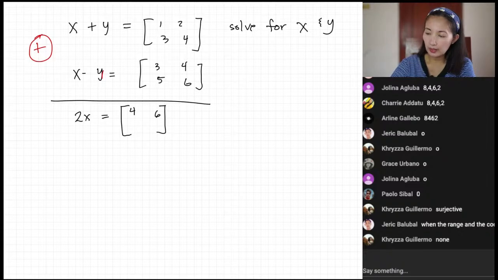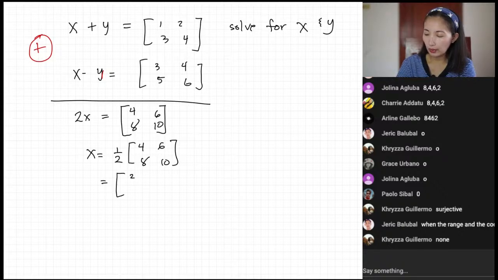Next, 3 plus 5, that gives 8. And then 4 plus 6, that gives 10. Okay. And then how do you get rid of 2? Divide. Yes. So X will simply be 1/2 of all the terms inside: 4, 6, 8, 10. And that would give 1/2 of 4 is 2, 4, 3, 5.